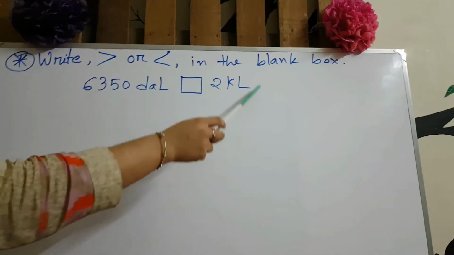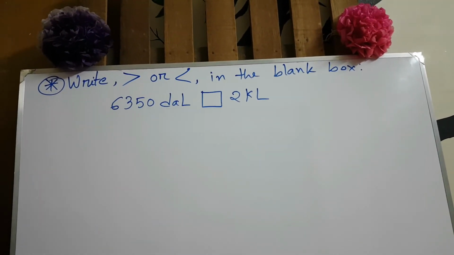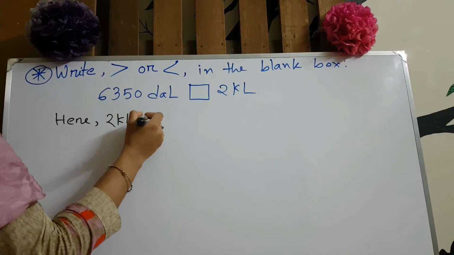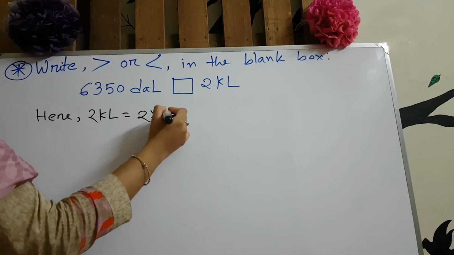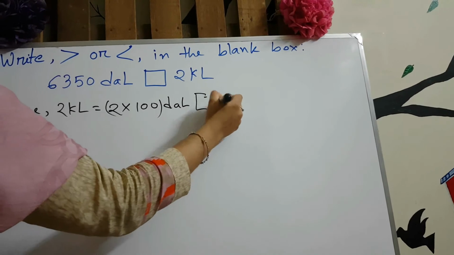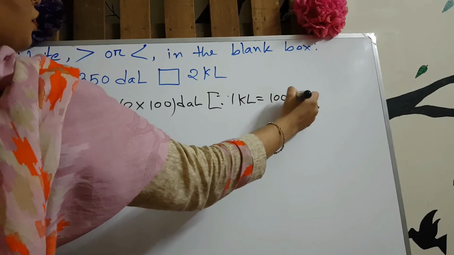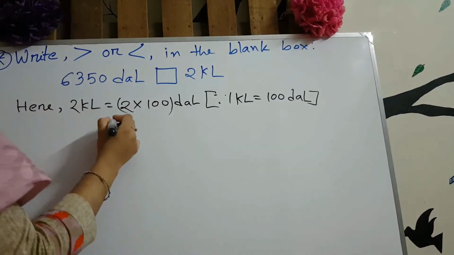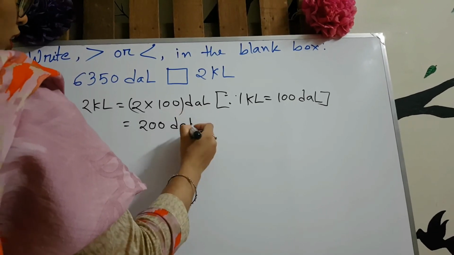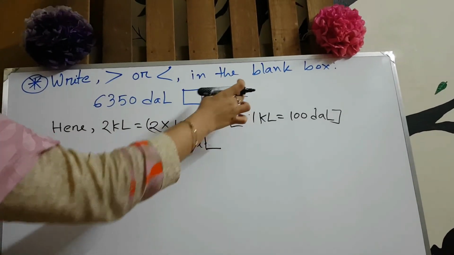Here we can easily convert 2 kiloliter into decaliter. 2 kiloliter is equal to 2 multiplied by 100 decaliter, since we know that 1 kiloliter is equal to 100 decaliter. So here we have 200 decaliter.